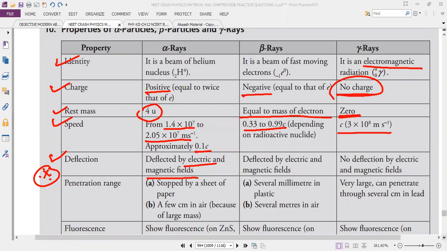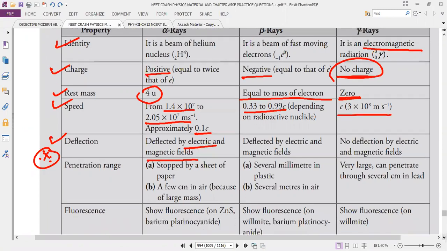Alpha is stopped by a sheet of paper, beta by several millimeters in plastic, and gamma can penetrate very far, through several centimeters of lead. In air, the range is a few centimeters to several meters. That is the next point.